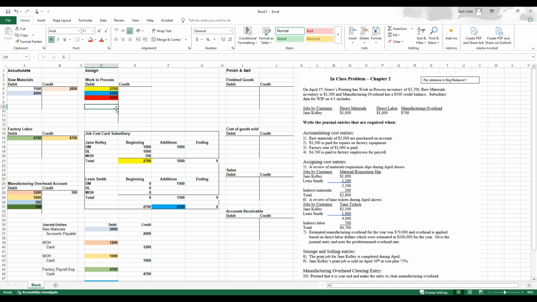Okay, and then again, anything that goes into work in process inventory has to be listed out individually, which is what the time tickets tell us. So Jane Kelly got $2,100 and Lexus Smith got $1,900. So there's those two pieces. Okay.